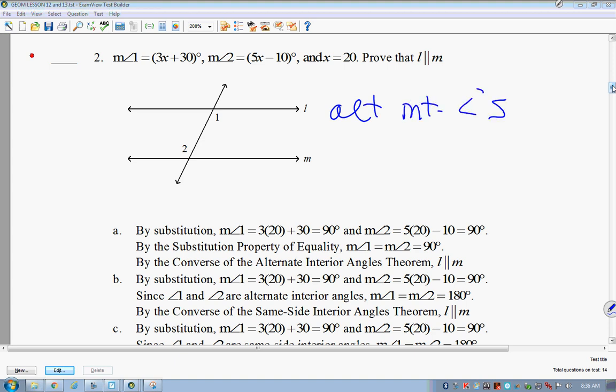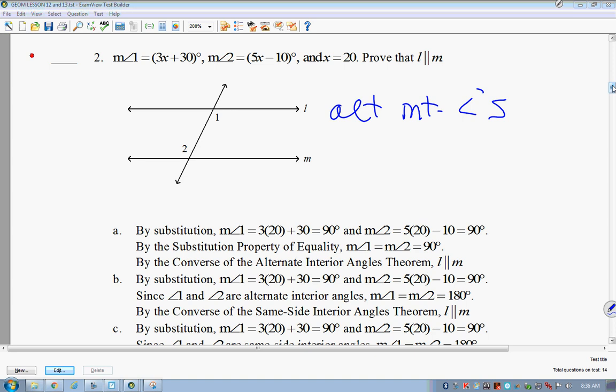All right, so we know what they are. Okay, now let's look at this. We want to prove that these two lines are parallel. We have to check something first, because in order for those two lines to be parallel, according to the converse of the alternate interior angles theorem, they would have to be congruent. Is that correct? Yes or no?